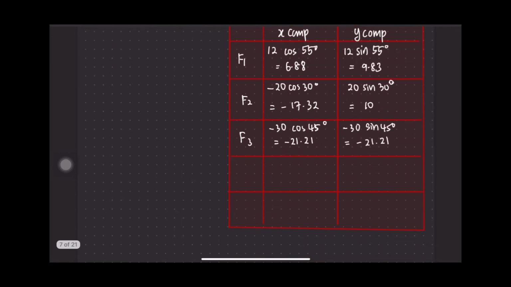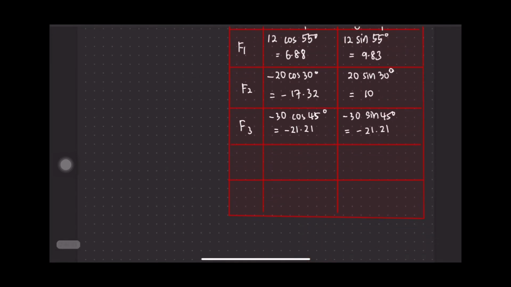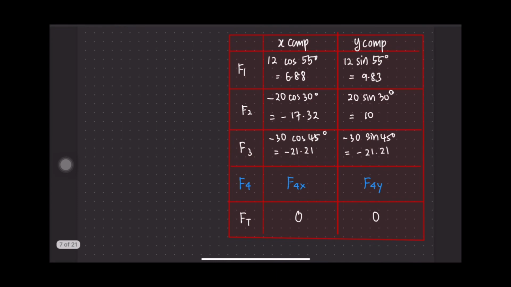Okay, so now we have F1, F2 and F3. So you have to determine F4. So I write ni F4x, F4y. Because we don't know the direction of F, what's the value of F4. Okay, but we know that F total is equal to 0. So, summation of Fx is equal to 0.